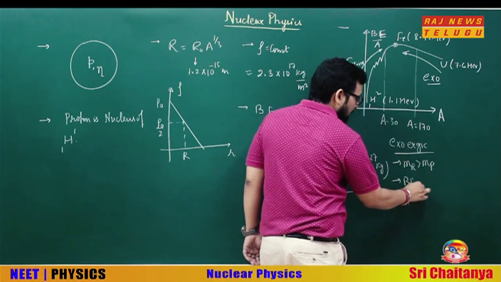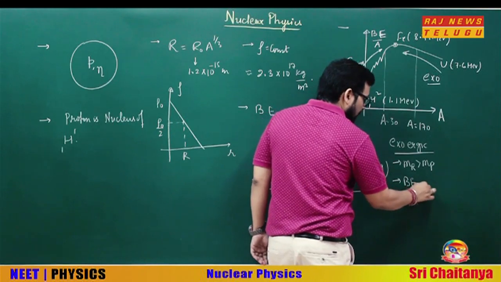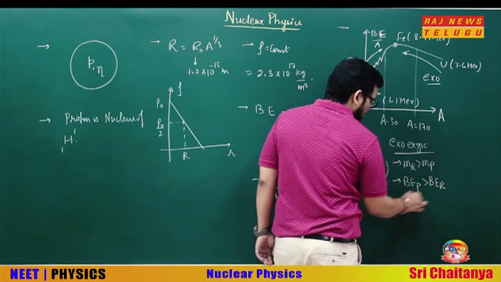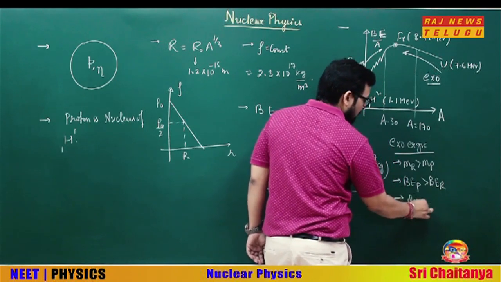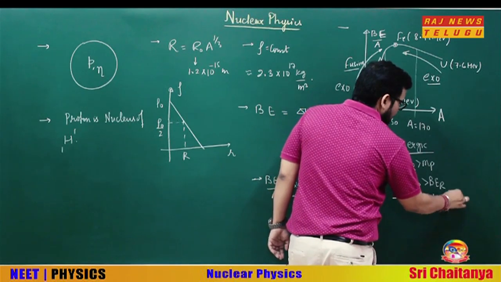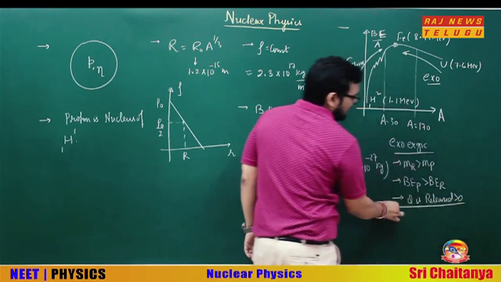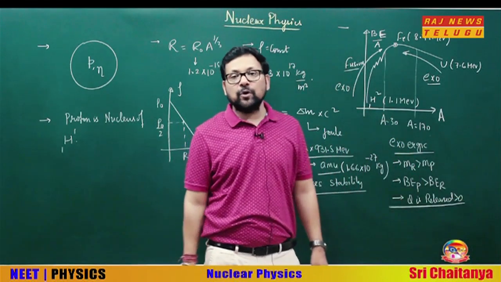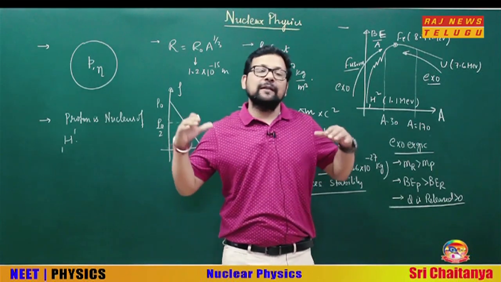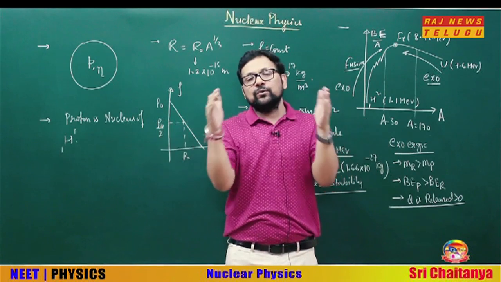Binding energy of product is greater than binding energy of reactant, and energy is released. That energy is called positive. This is called exoergic. So the left and right are trying to go to the middle.